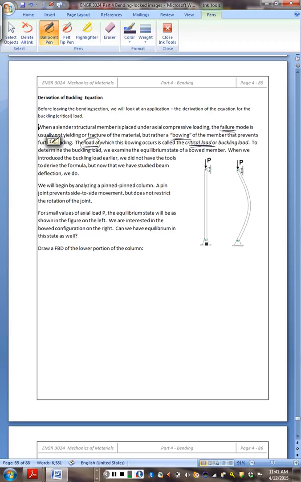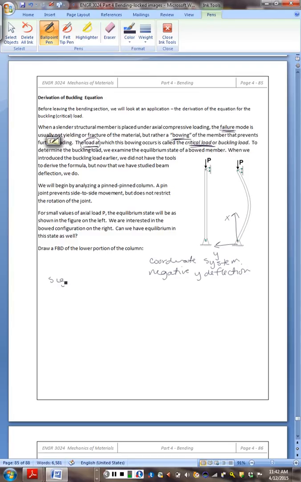If we consider a column that is pinned at both ends, we apply our axial compressive stress, and we assign our coordinate system like this, with x along the beam from the base and y being to the left, a coordinate system like we've used for the beams in bending so far, where the deflection to the right has been our convention for bending under a positive moment.